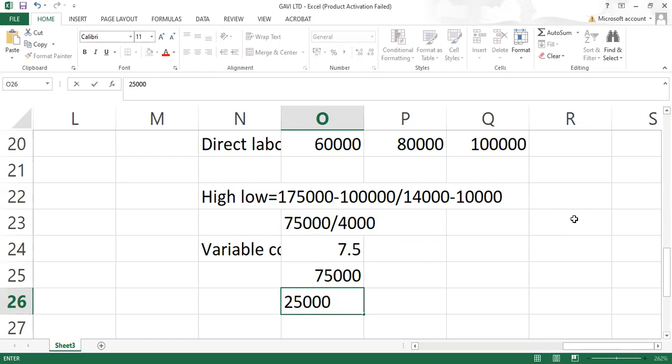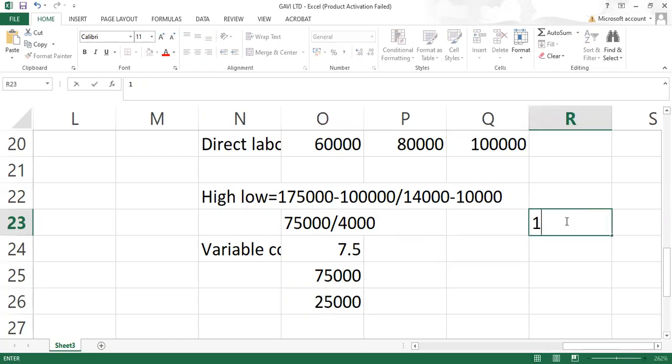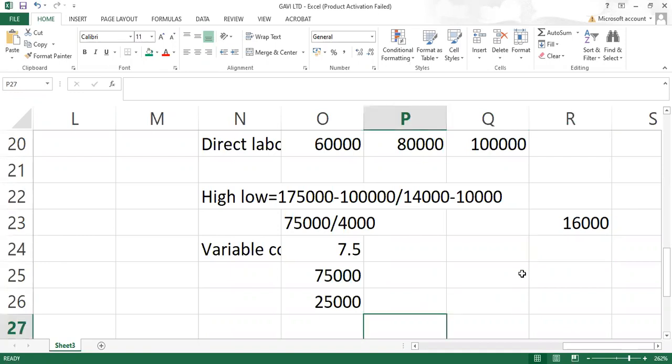25,000. So if the actual output level is now 16,000, what would have been the variable cost per material for the 16,000 units? It should have been what? 7.5 times 16,000, isn't it?